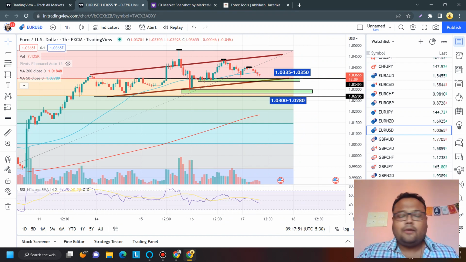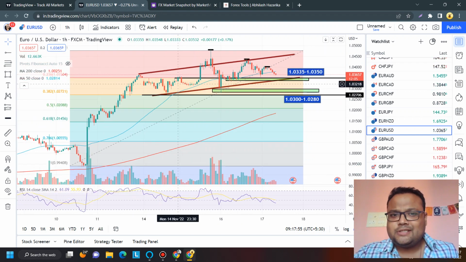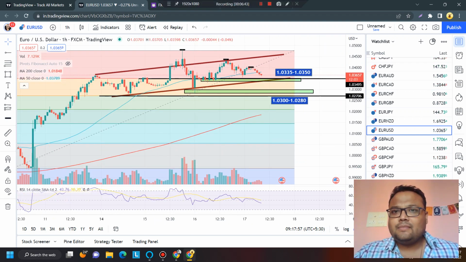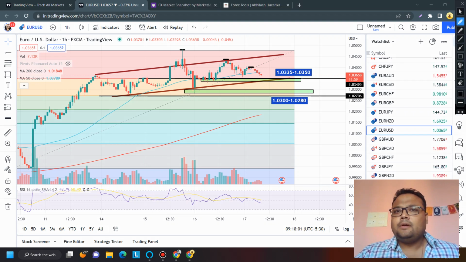But you need to observe one more thing here. Overall the trend of the market is towards the upside, but still I'm just saying that expect a profit of 20-25 pips. Why?